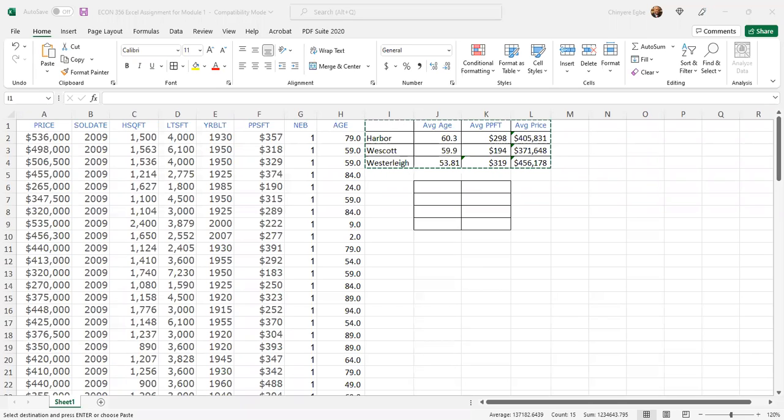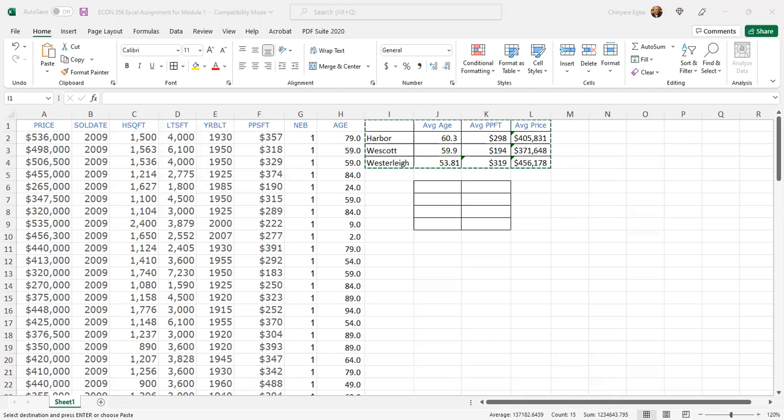And then the next question I asked was, do you think the average price per square foot is the same in all 3 neighborhoods? You can now look at this data. At this stage of our study, we are not yet doing inferential statistics. We were still doing descriptive, which is just a summary. And you look at the data and you say, well, at least intuitively, the average price per square foot in one neighborhood is $298, and another neighborhood is $319, and the other neighborhood is $194.